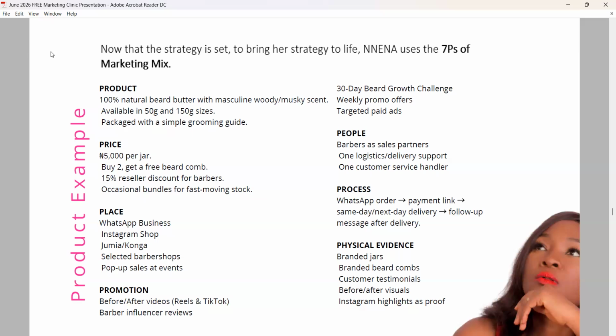What is her process like? WhatsApp order, payment link, same day or next day delivery, follow-up message after delivery. What is yours? Document this thing. This is marketing. It's not about posting on social media. Physical evidence: branded jar.